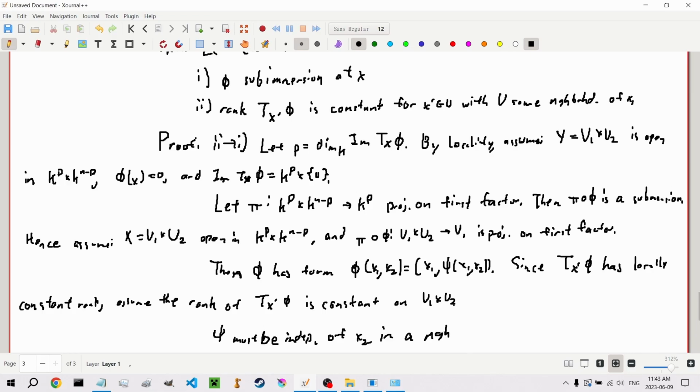So my writing's getting messy here. We know that d2 psi of x1 and x2 would be 0.